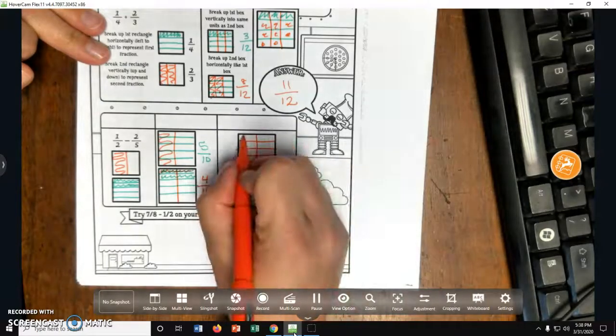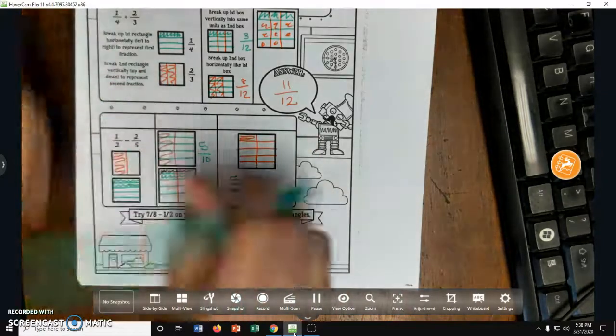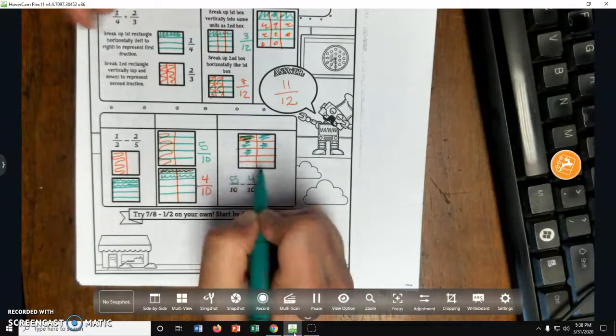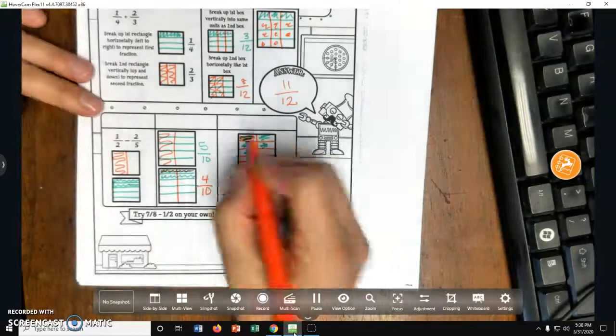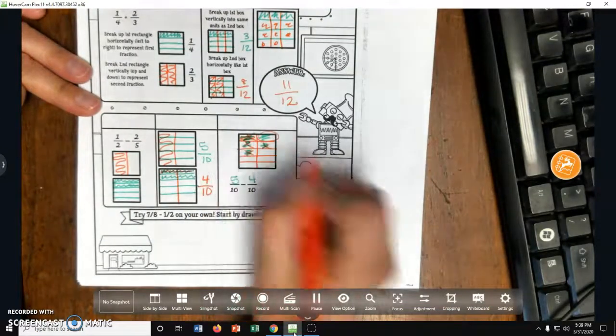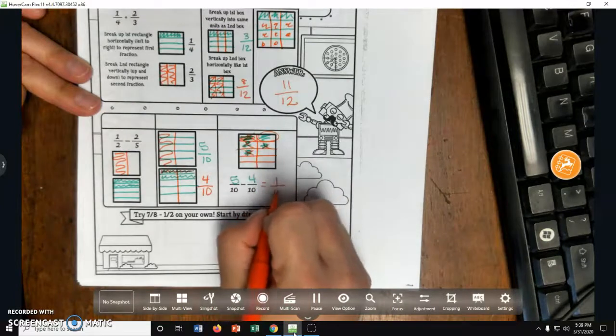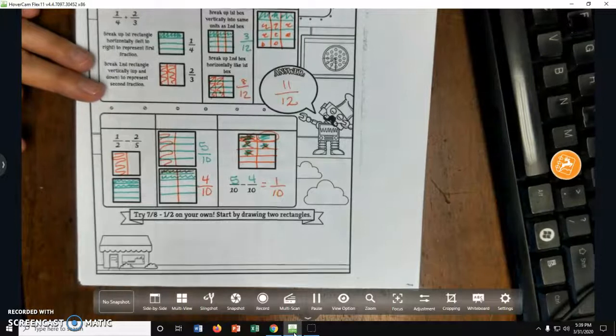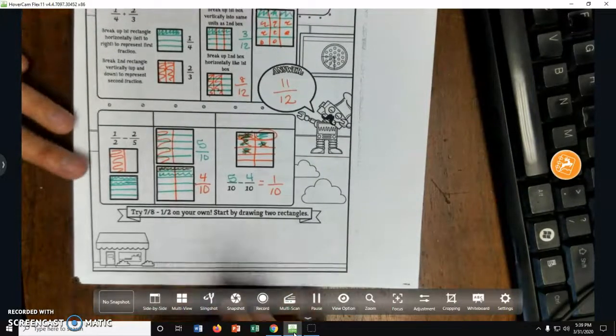Okay, so if we started with our, let's go with green, if we started with our 5/10, and I'm taking 4/10 away, well, I can cross 4 of those off. I'm left with 1/10. Just being able to see it another way graphically, getting that in our brains just a little bit more.